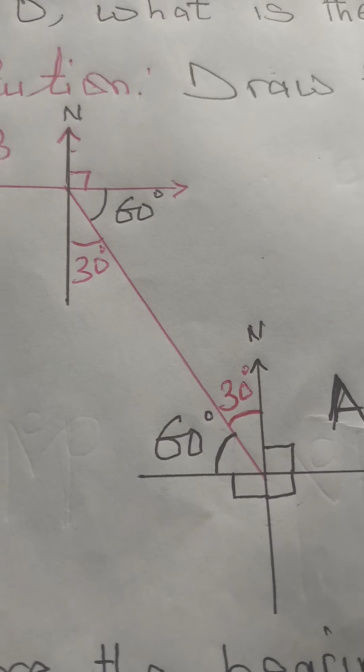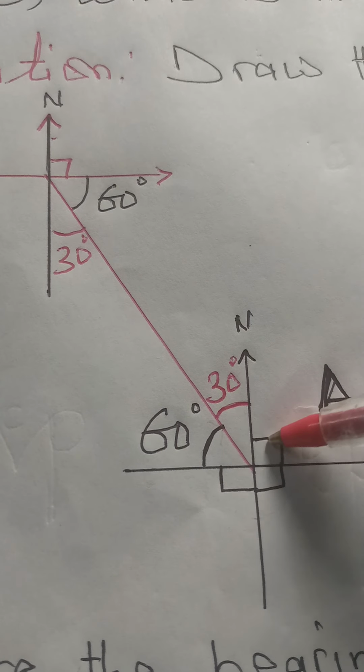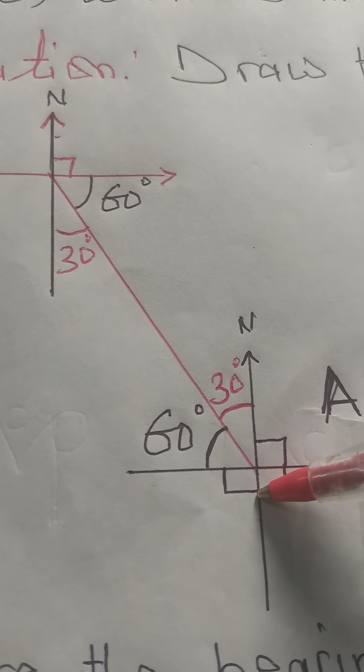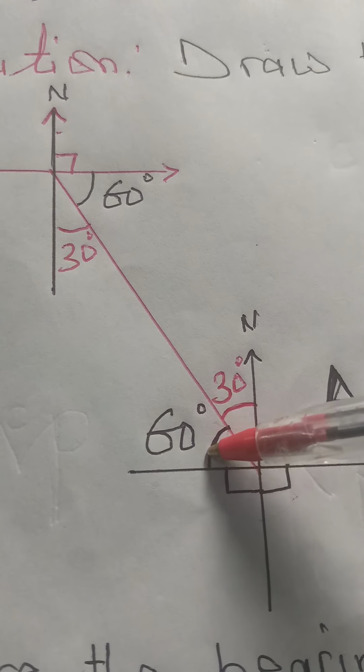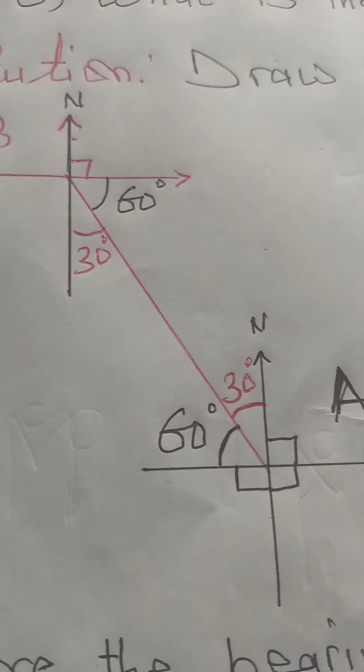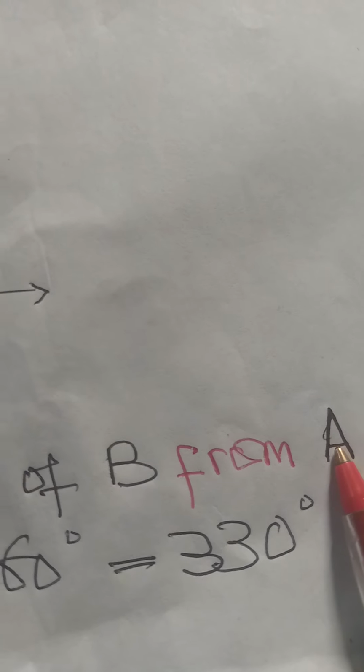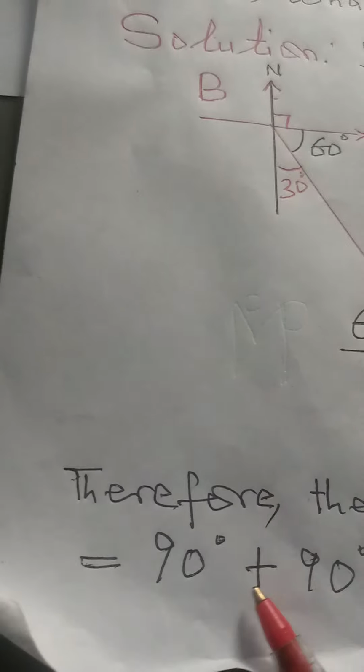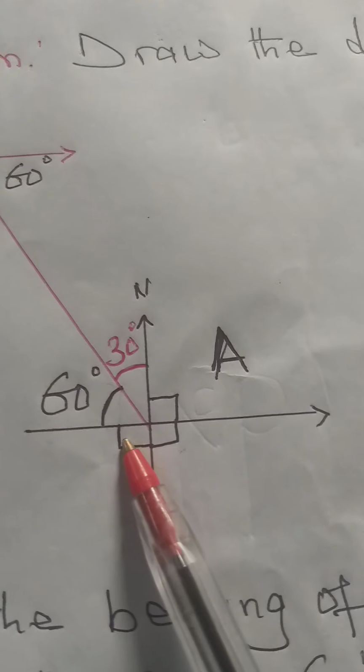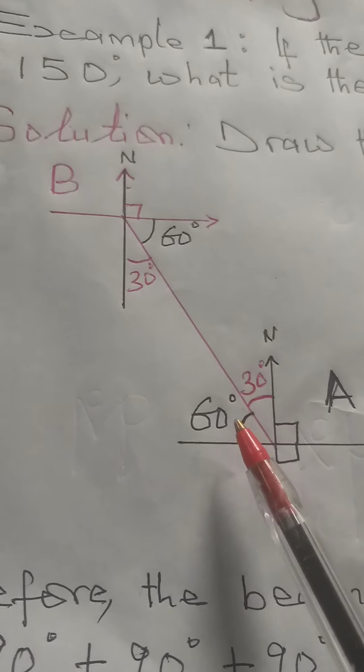For you to get that angle, you have 90 here, 90 here, 90 here, then you add the remaining 60 degrees. Therefore, the bearing of B from A will be equal to 90, which is this first 90, plus 90, which is this second 90, plus 90, which is this third 90, plus this 60 degrees.